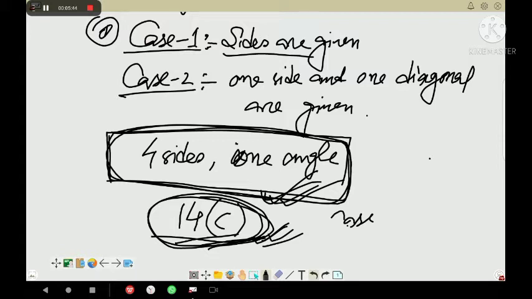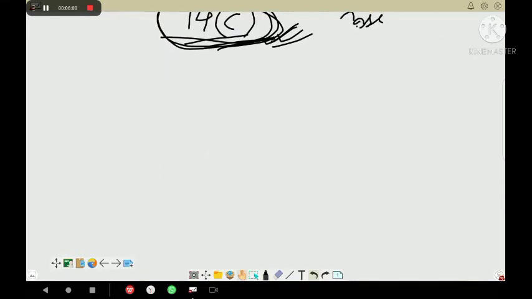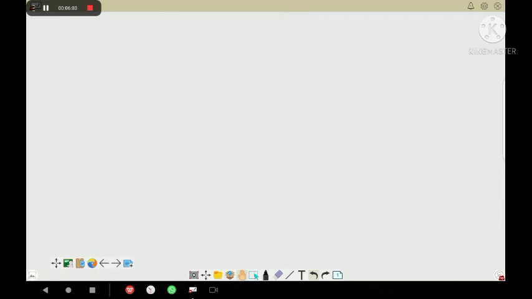One side and one diagonal are given. This case is very easy. I am going to explain it by an example.